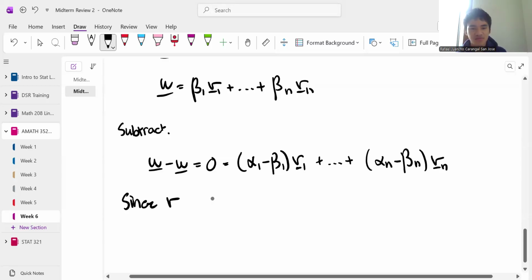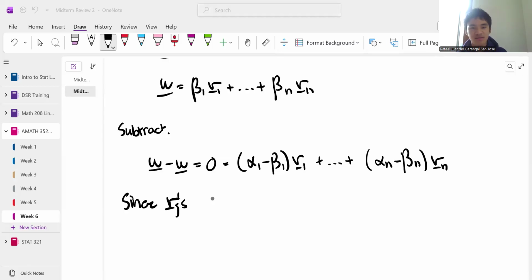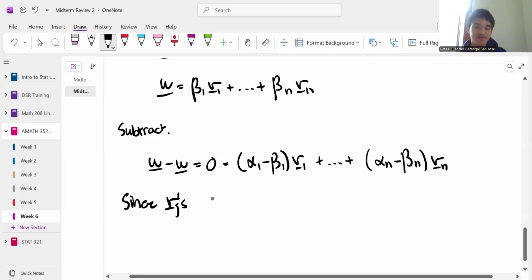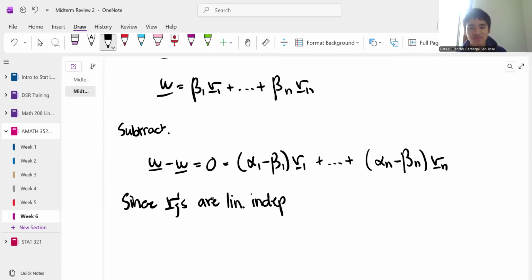Now, since the Vjs are a basis, we know that they are linearly independent and they span the subspace V.